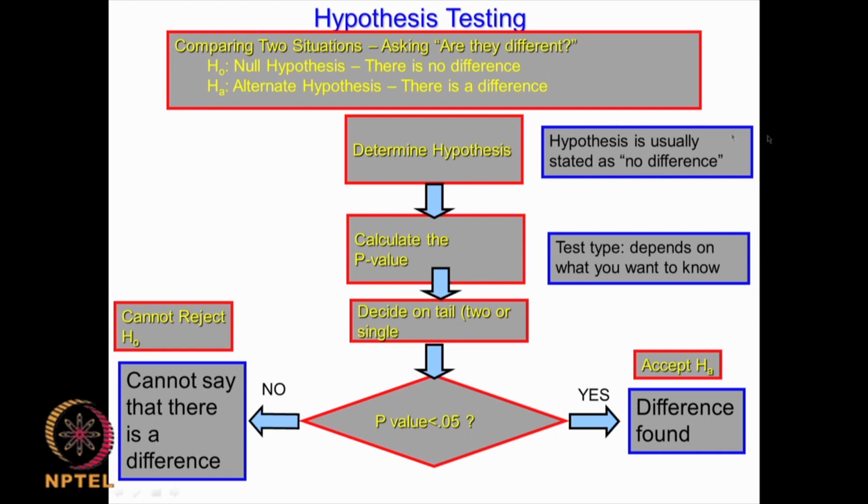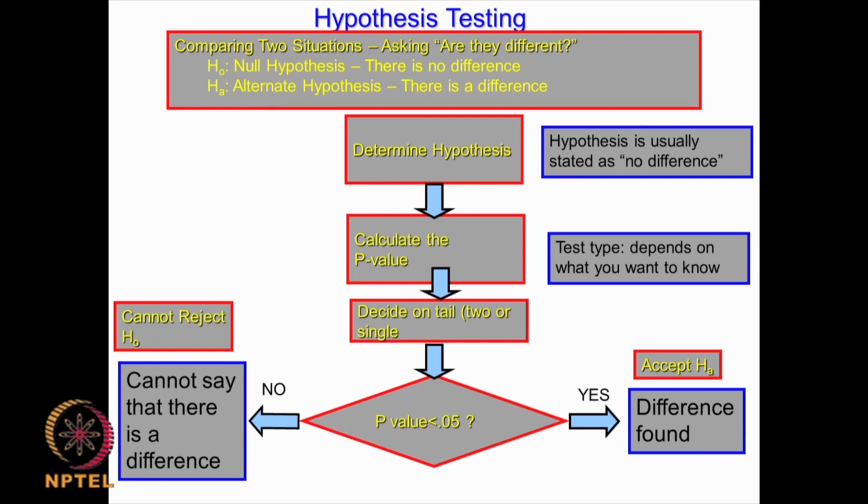So, we decide on the hypothesis with the tail, and then we also decide on the p-value, that is, am I going to test against 95% confidence or against 99% confidence. A p of 0.05 indicates 95% and a p of 0.01 indicates 99%.